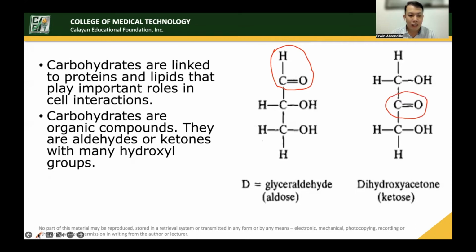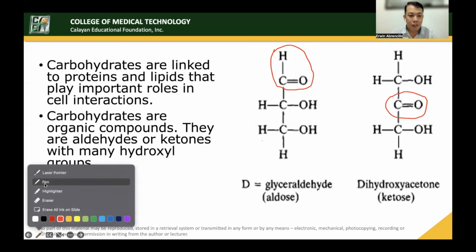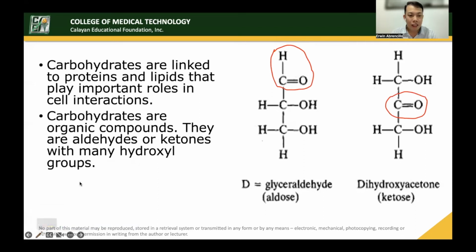So the first example is a glyceraldehyde. So that's the IUPAC name, if you can still recall how to name aldehyde. So this is glyceraldehyde, which is considered to be an aldose. So the term aldose is the name as a sugar.